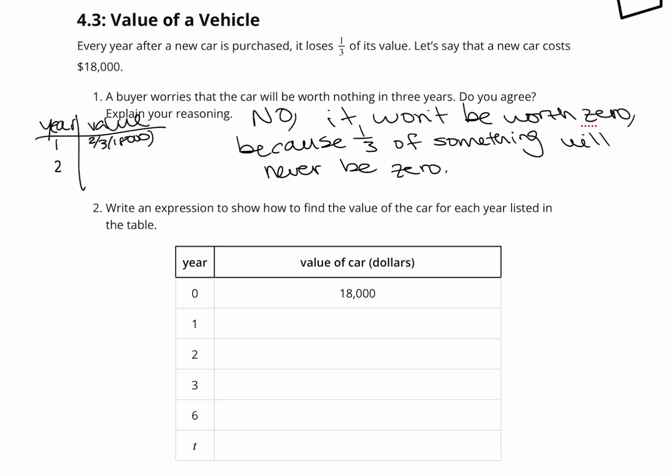And then after a second year, it'll be worth 2/3 of that amount, 2/3 times 2/3 times 18,000. And then the third year, it's going to be worth 2/3 of year 2's amount. As you can see, we're working with powers again. Okay. So here we have powers of 2/3.